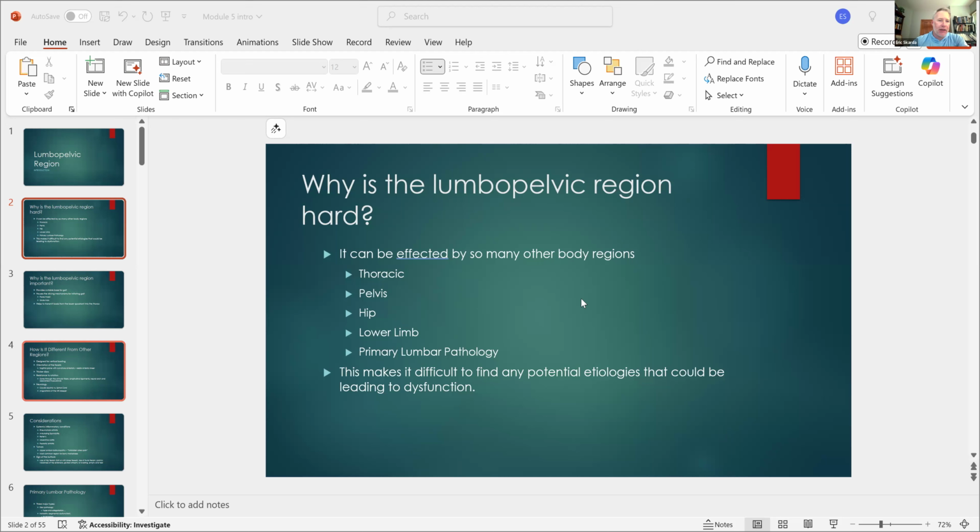Most of the people that walk in through the door that have some sort of sacroiliac or lumbopelvic dysfunction, particularly the ones that have sacroiliac pain, which should be relatively easy to pick up on, are going to have some other primary driver that's forcing this thing to become problematic. And that's going to be our long-term goal, to find out what that etiology is, what that driving mechanism is, so that we can fix it.